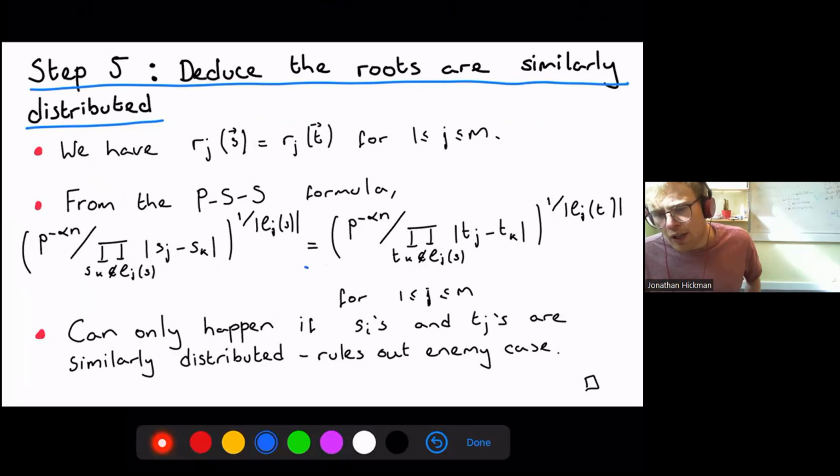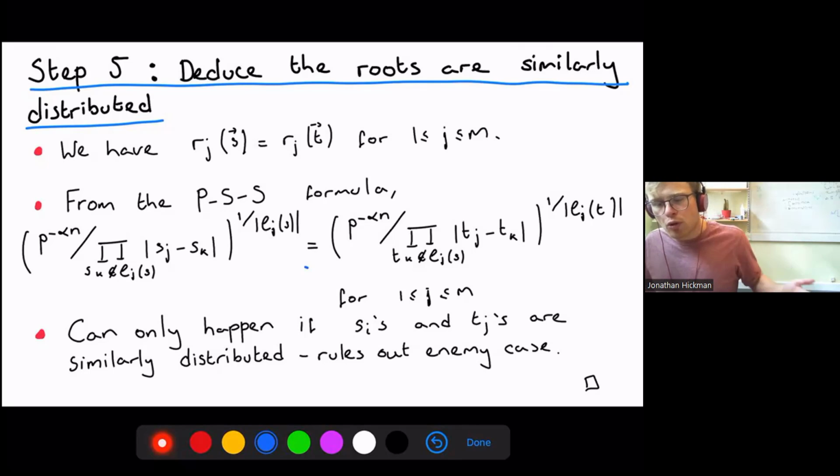And what we can show is that these equations can only be satisfied if the SIs and TJs are similarly distributed. So this is perhaps intuitive because we see that these quantities that involve the root separations have to be identical. And it turns out that this can only happen if the SIs and TJs have a similar distribution. You have to play around with the algebra a little bit, but one can deduce this.